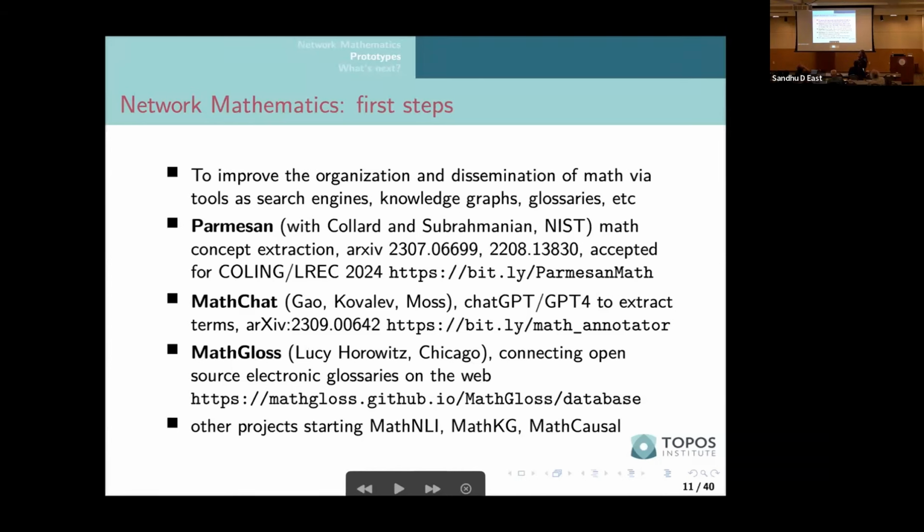We have presented it three times already in smaller workshops, but now it's getting the right place. Oh yes, the second one is Math Chat, which is trying to use more modern tools, because Parmesan uses neural nets, but traditional neural nets, not generative AI, not LLMs.